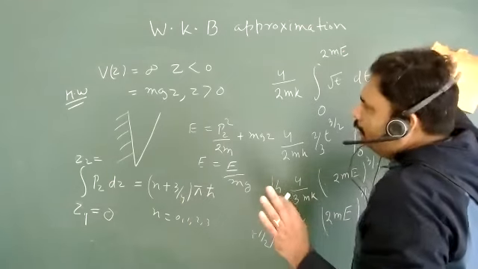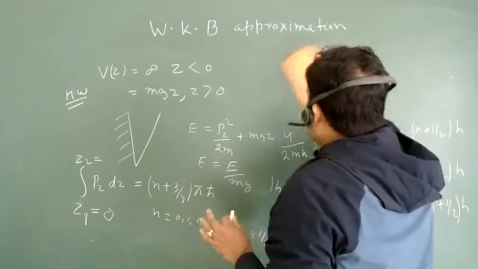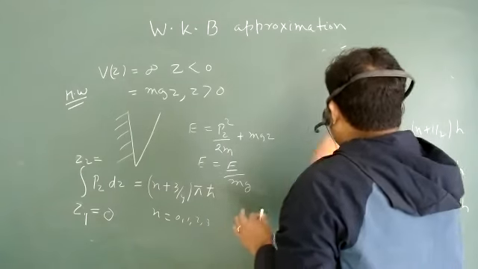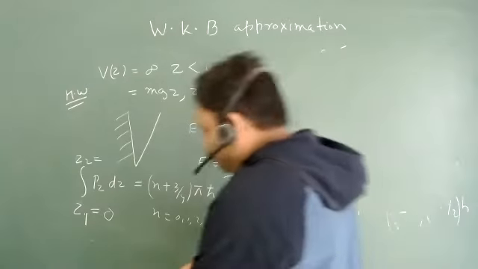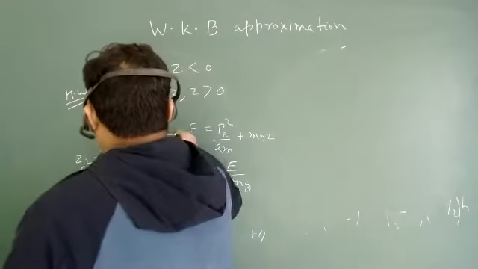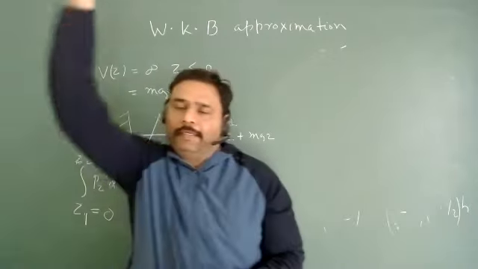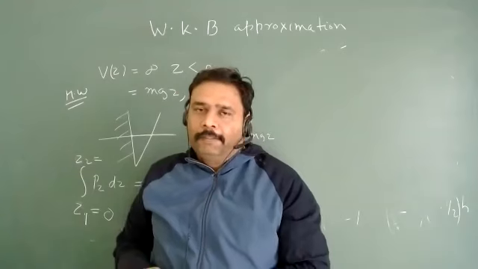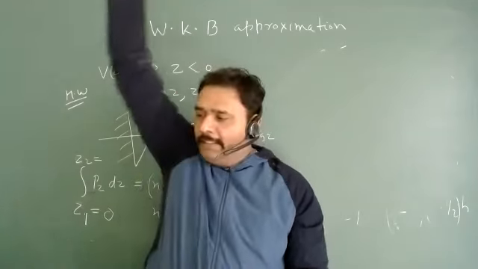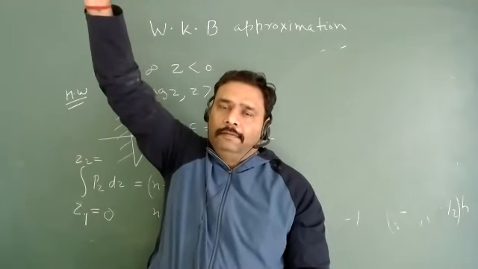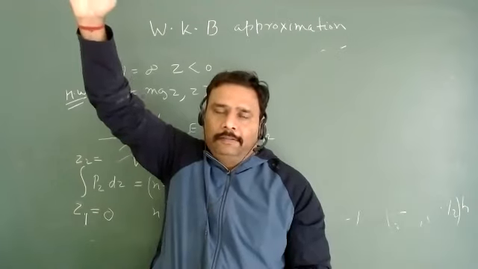Will you people be able to do this? Everyone? Say yes, sir. Sir, why haven't you taken z to infinity here? How can we take z to infinity? The particle is bounded. This is your potential. You are bounded between these two. If you throw the particle, it will go up to some point. Then what will happen? It will reach some point, and its momentum will be 0, isn't it?